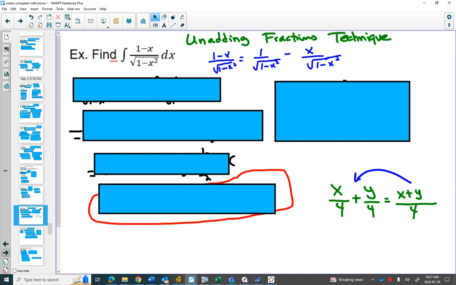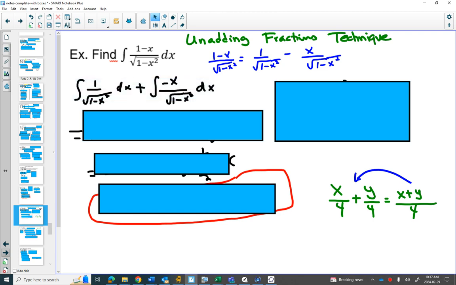It matches up perfectly with sine inverse. And the second one matches up perfectly for substitution. Because now if I make my u 1 minus x squared, then my du would be 2x, and that would get rid of the x at the top, and things will work out. So our integral would be integrating them both separately.